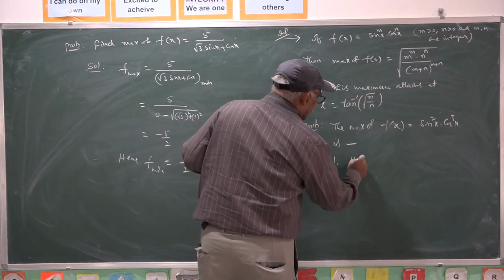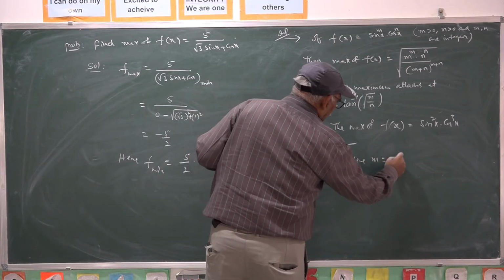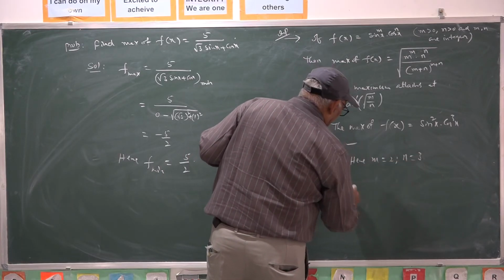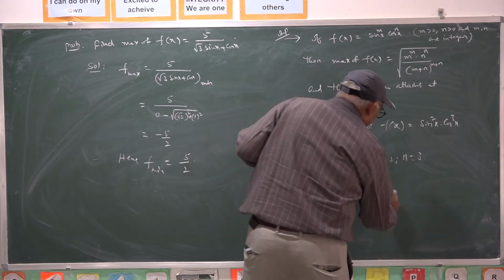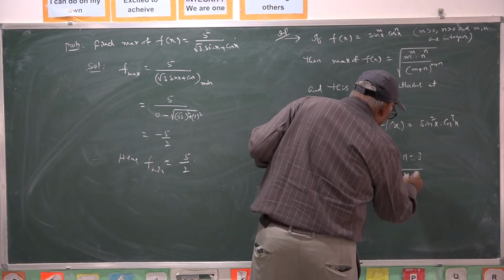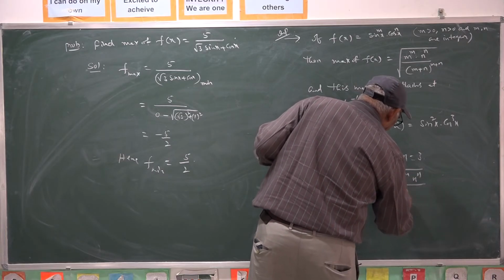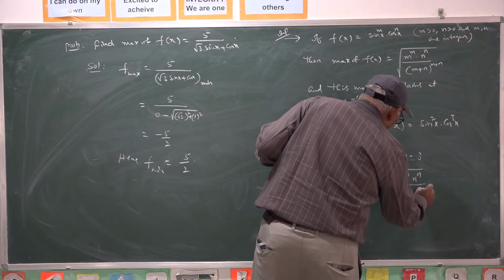So, here m is 2, n is 3, hence f maximum is, by the formula, root over m^m n^n by (m plus n) whole power (m plus n).